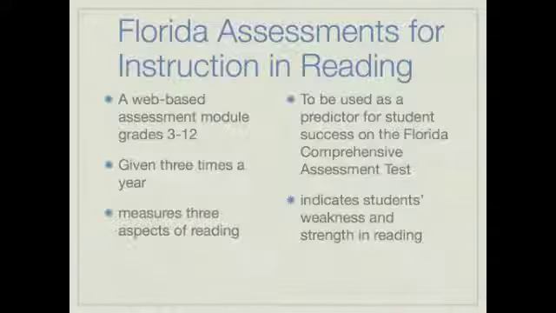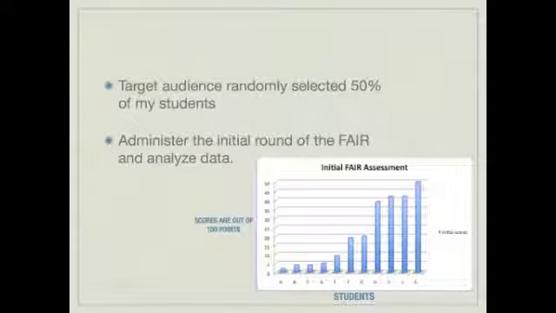In order to collect data from the school, I decided to use the Florida Assessments for Instruction and Reading, also known as the FAIR. In August 2001, 50% of my class was randomly selected to take part in the target audience.